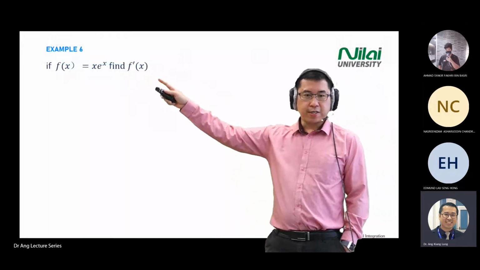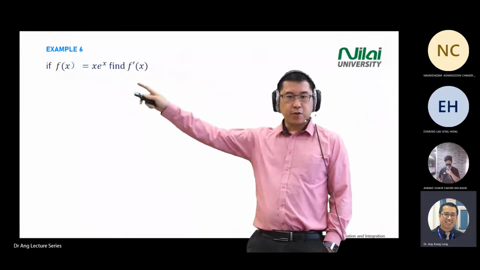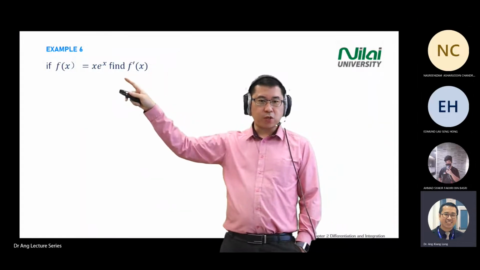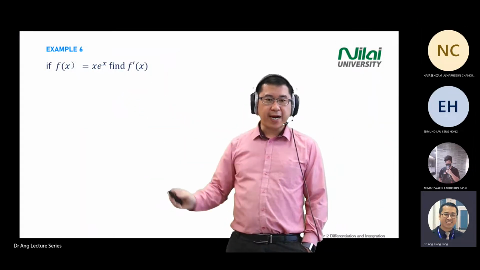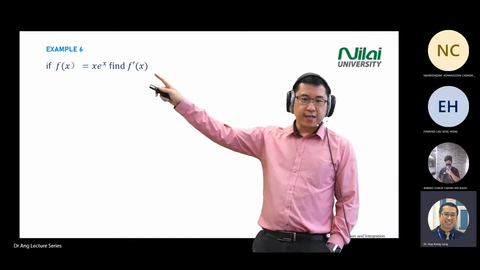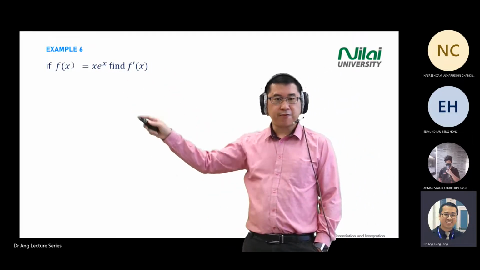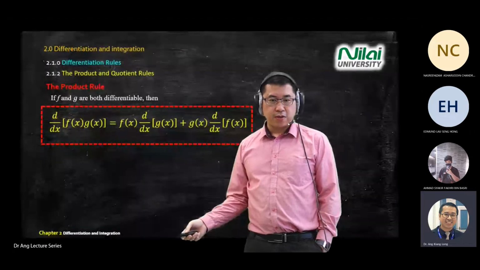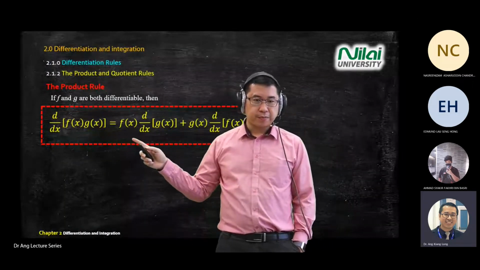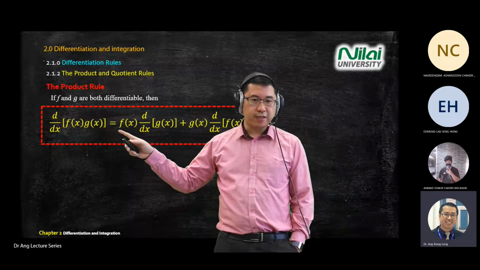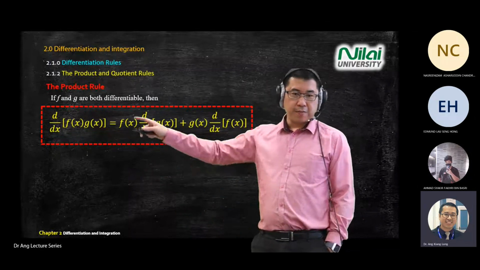Let's look at this example. Your y or f(x) equals x e power x. Differentiate this equation. f prime means differentiate. Look at this equation. You have two functions multiplied together.